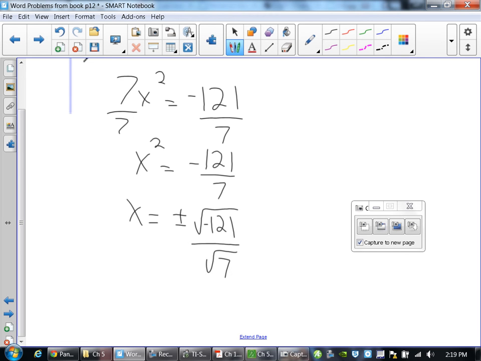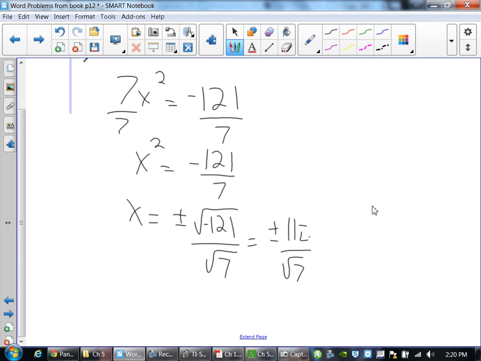What's the square root of negative 121? It's 11i. Thank you. And what do I have to do with that root 7 in the denominator? Gotta rationalize it, so multiply top and bottom by root 7.